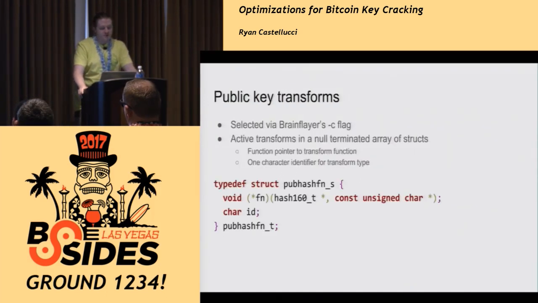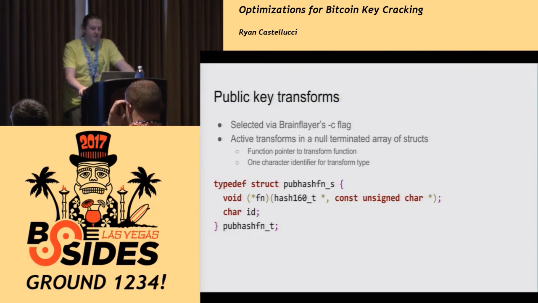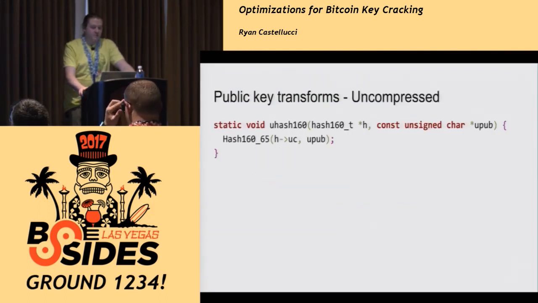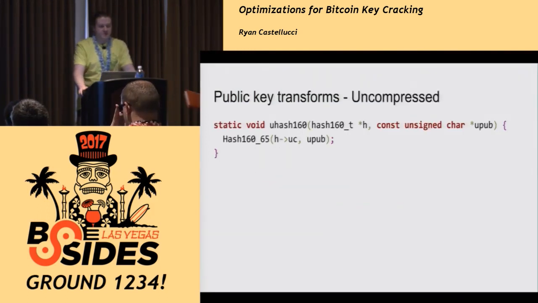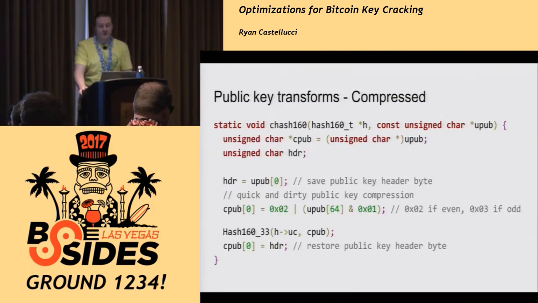So as far as public keys go, Brainflare's got a flag that lets you specify which transforms you want. These are stored as function pointers with a type identifier. Here's an example. This is an uncompressed key. It's just hashing the public key.